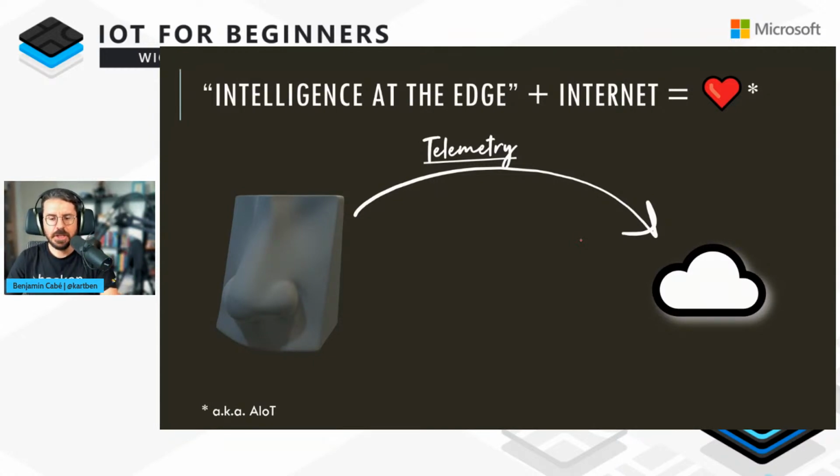The telemetry coming from the nose can be fed into a cloud environment, so that all the history of how the gas concentration evolves over time in a particular room, in a particular building, in a car, you name it, you can capture in a cloud database maybe, so that you have access to all that data later on to process it, to do some post-mortem analysis of what happened in your environment, and to use the data to refine and improve the quality of your AI model. That's definitely something that you can do.